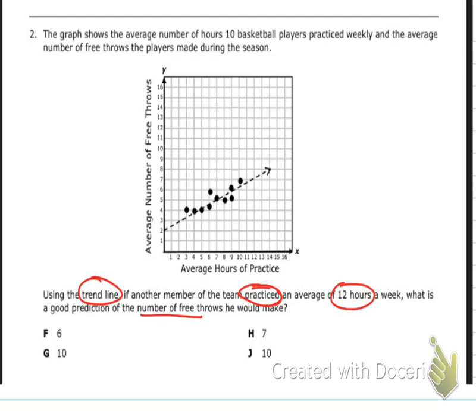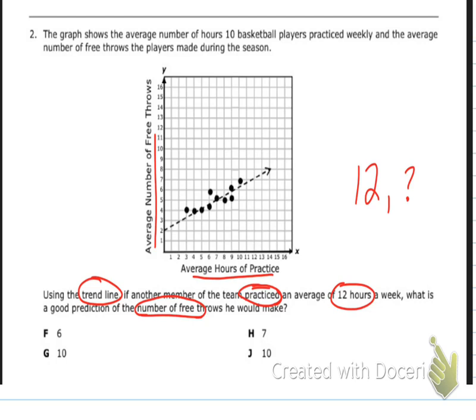When you read a trend line, we need to start putting more emphasis on the titles. And I'll admit, I don't always pay attention to the titles, but when it comes to these problems, you need to, because you need to understand what they are giving you. I'm saying 12 practice hours. That is an X value. And I'm looking for the number of free throws. That's a Y value.